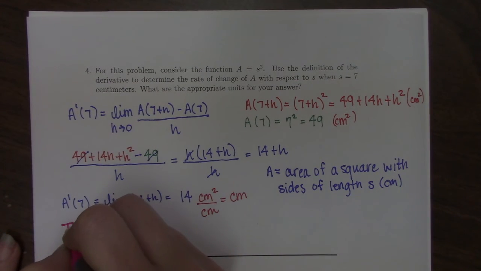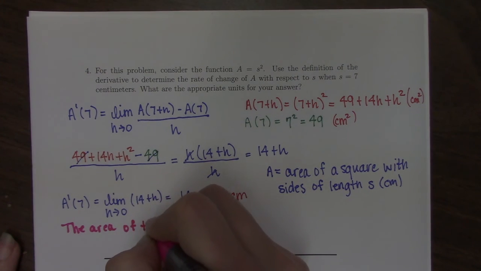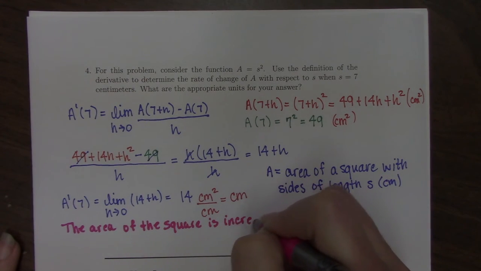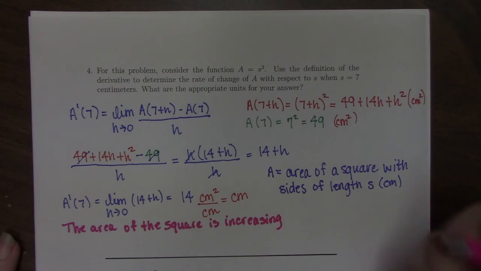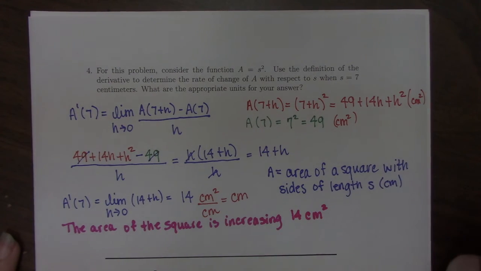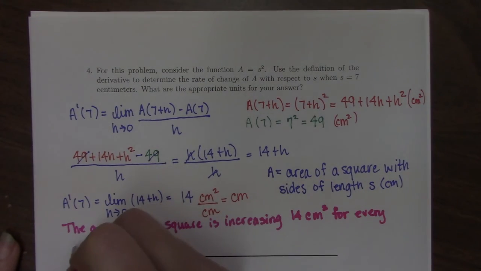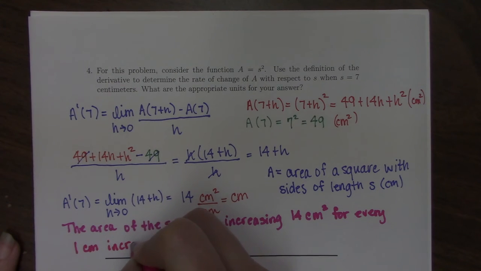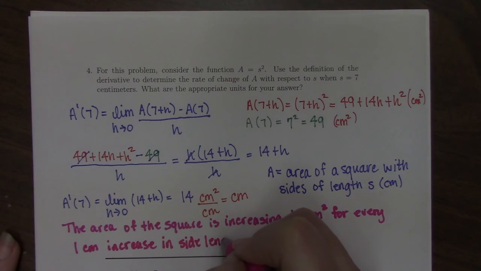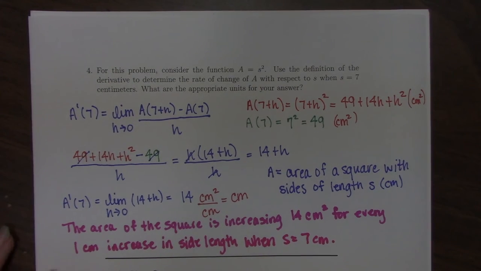So I would say the area of the square is increasing because we got a positive rate of 14 centimeters squared for every 1 centimeter increase in side length when s equals 7 centimeters.